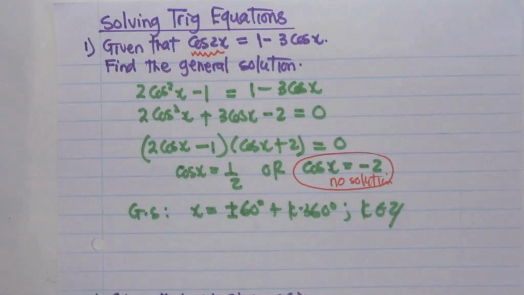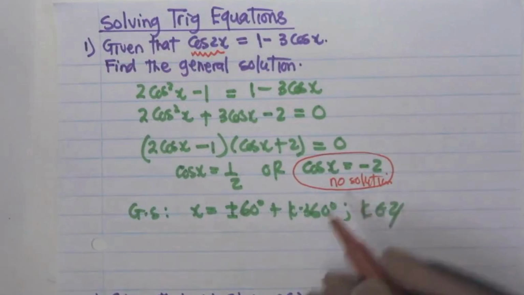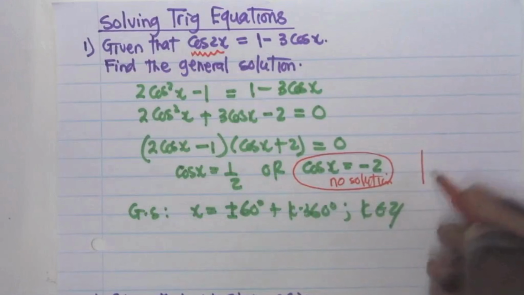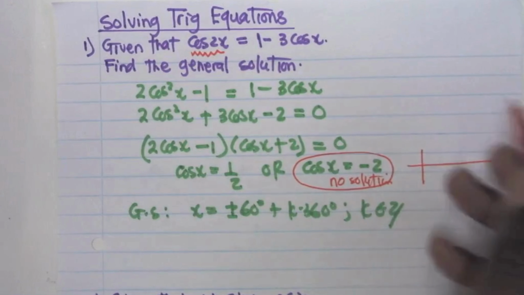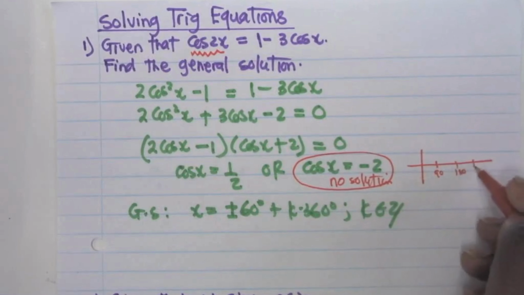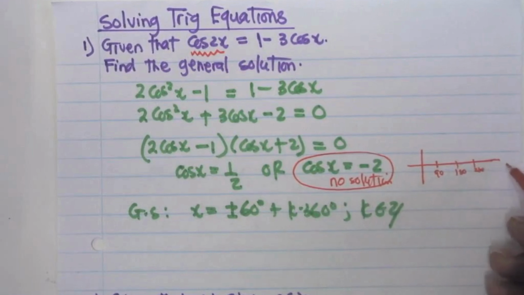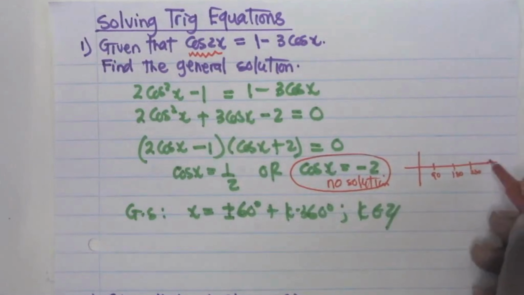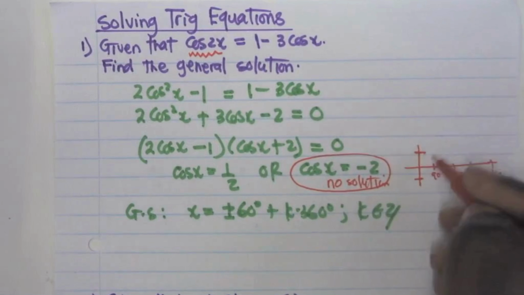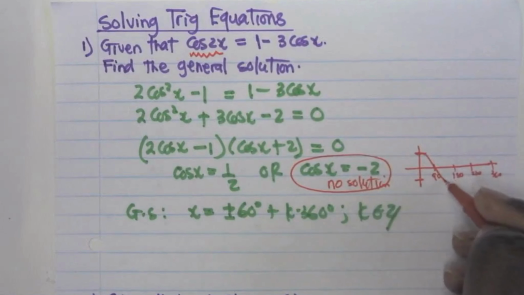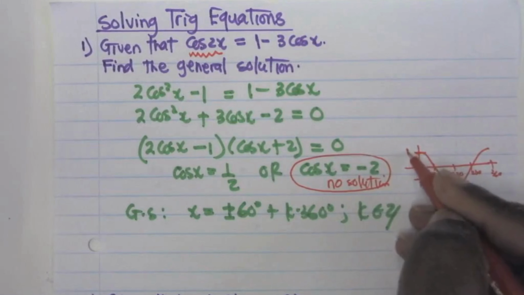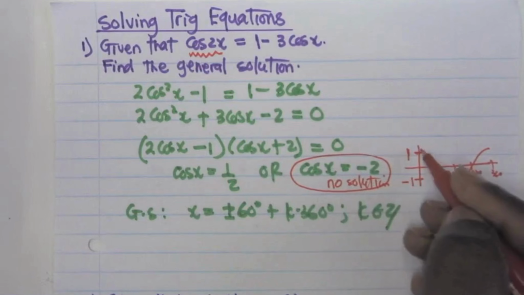Some of you might be wondering, where does this come from? If we draw the graph of cos, this is 90, this is 180, this is 270, this is 360 degrees. You will see that the range of this graph is between -1 and 1.